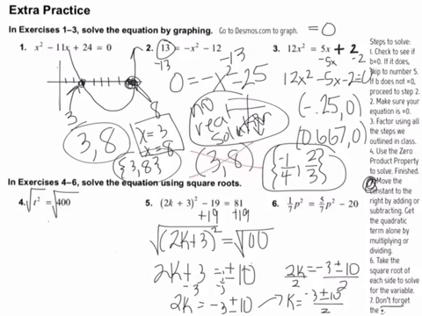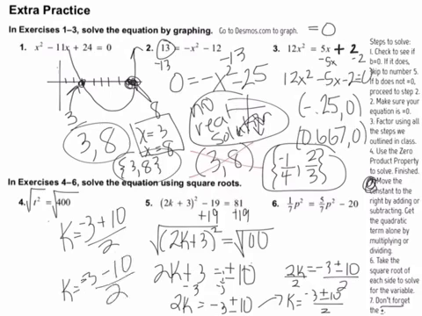So my 2 answers are going to be k equals negative 3 plus 10 divided by 2, and k equals negative 3 minus 10 divided by 2. So negative 3 plus 10 is 7 divided by 2. That's one of my solutions. And negative 3 minus 10 is negative 13 divided by 2. So those are my 2 solutions.